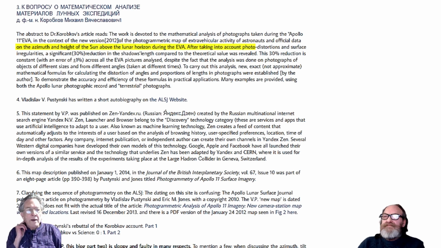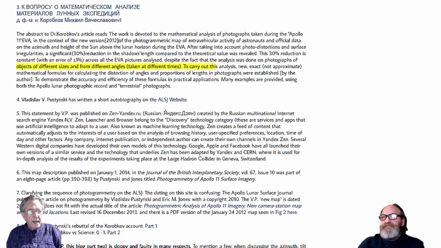After taking into account photo distortions and surface irregularities, a significant 30% reduction in the shadow lengths compared to the theoretical value was revealed. This 30% reduction is constant, with an error of plus or minus 1% across all the EVA pictures analyzed, despite the fact that the analysis was done on photographs of objects of different sizes and from different angles, taken at different times.